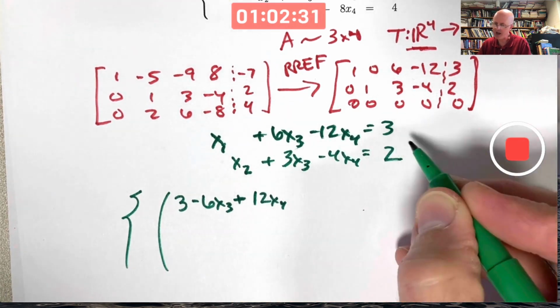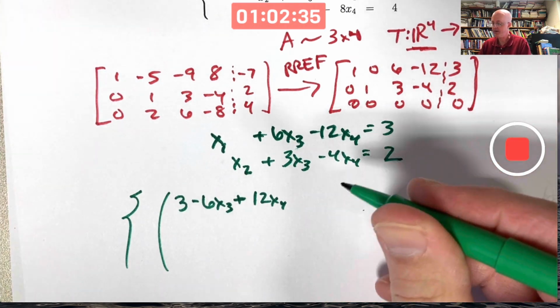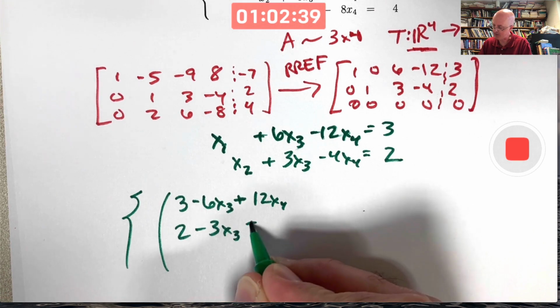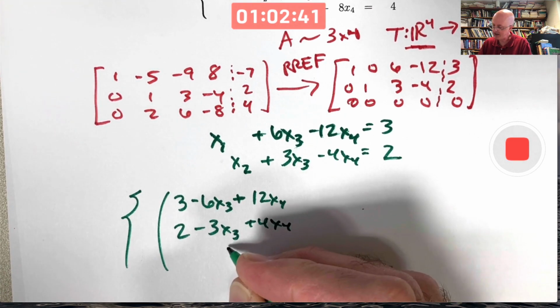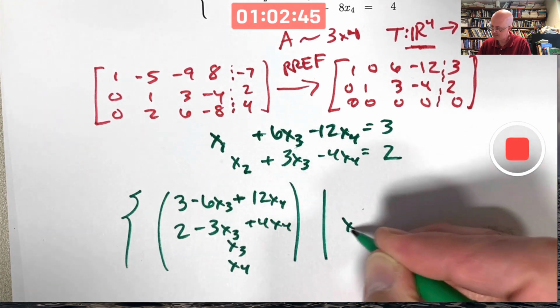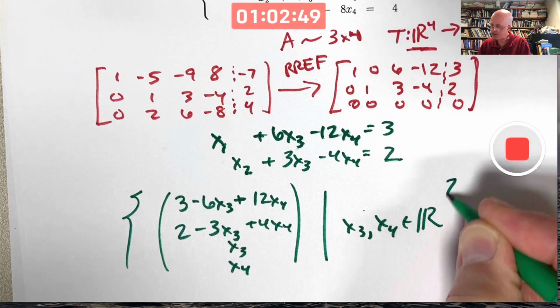Careful, you've got to subtract 6x3 from both sides and add 12x4. x2 is 2 minus 3x3 plus 4x4. And x3 and x4 are themselves. And these are free variables. They are free to vary over all real numbers.